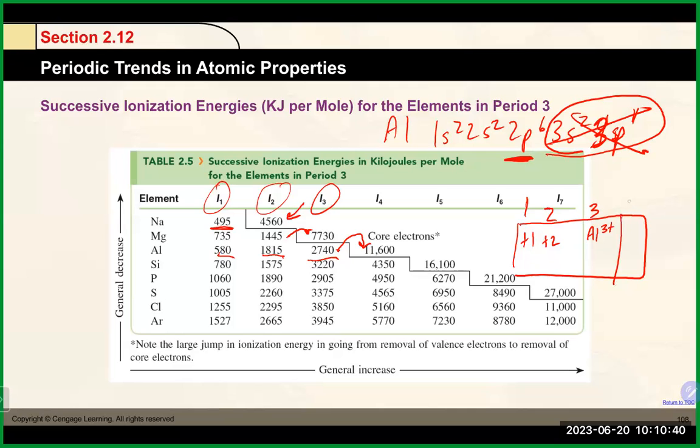And as you go across, you skip groups 4, 5, 6, 7. Everybody in group 5 and beyond goes -3, -2, and -1, and those are non-metals above the staircase. So it goes +1, +2, +3, skip 4, -3, -2, -1 on the non-metal side.